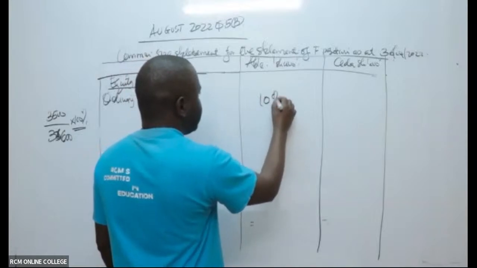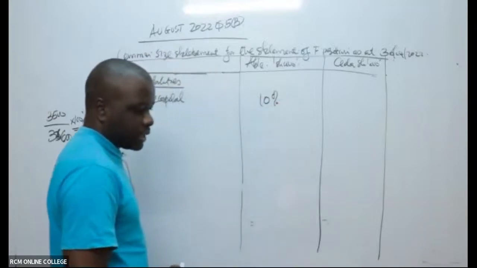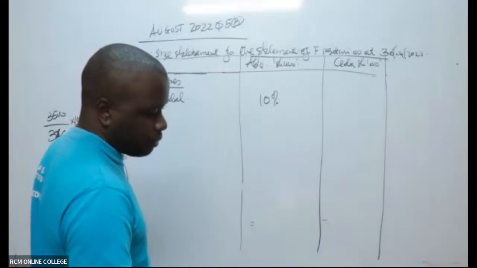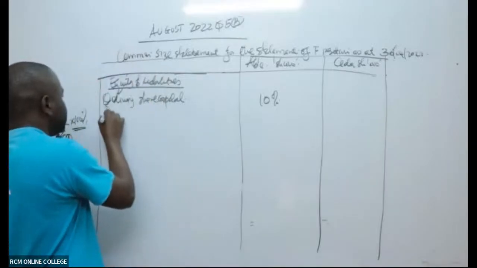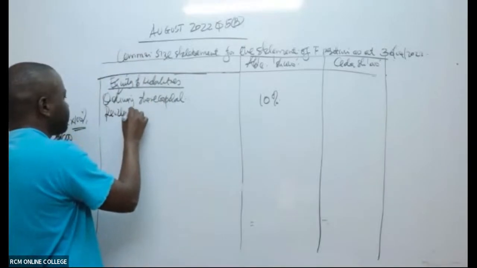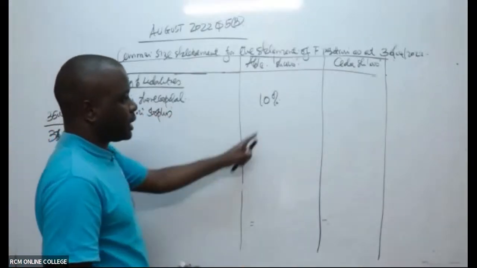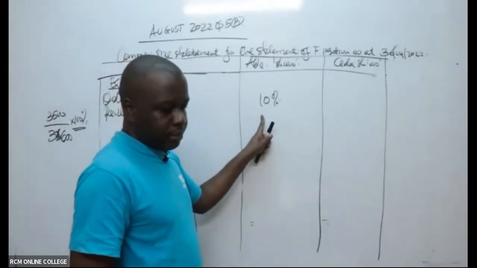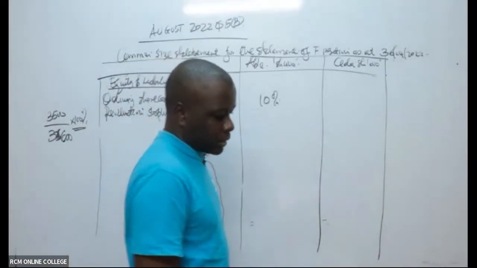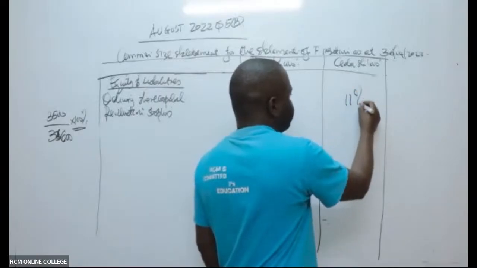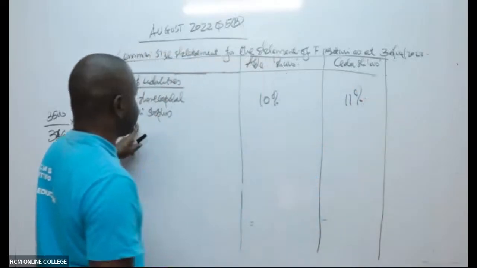What about the side of TAB? We have ordinary share capital, then revaluation surplus. This one is 10%, this other one is 10.5%, so that is averagely 11%. What about revaluation surplus?